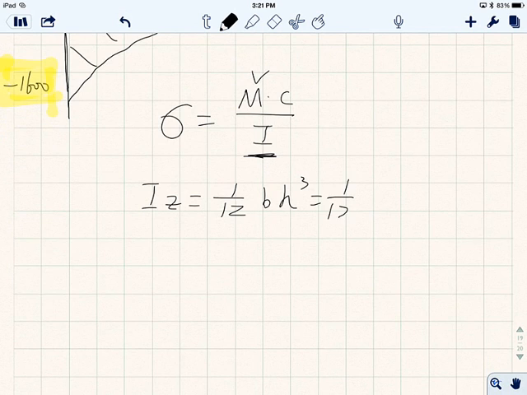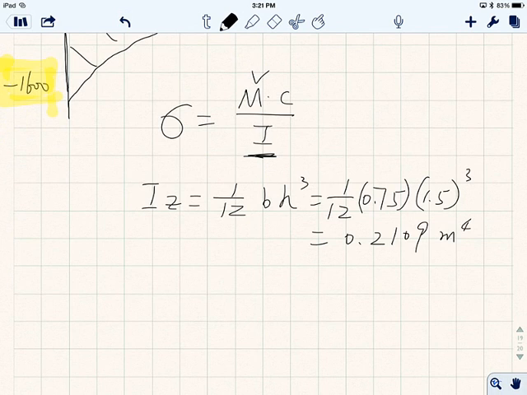So base is 0.75, height is 1.5, cubed, and then that gives you 0.2109 meters to the fourth.